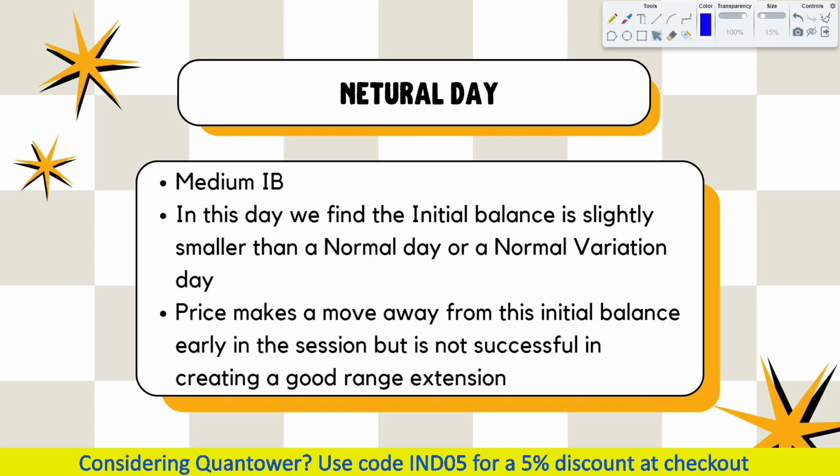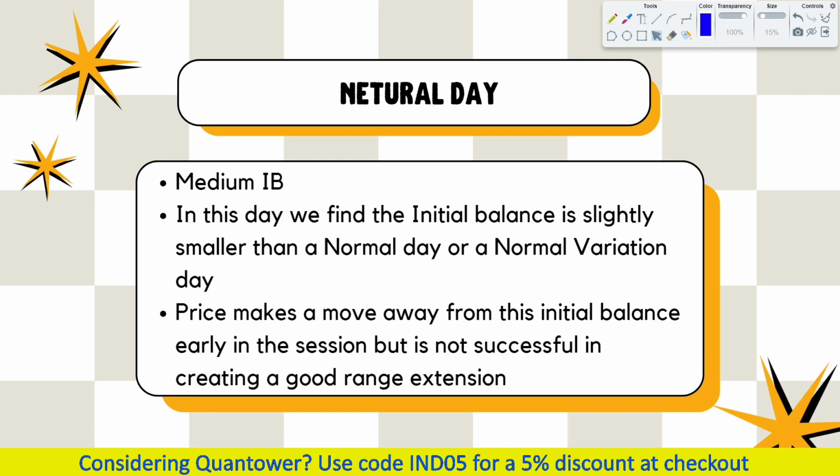The main difference between the normal variation day and the neutral day is simple. A normal variation day also has a medium IB, but once the IB breakout or breakdown happens, we see the extension toward 1x, almost 100% range extension in that direction. A neutral day, however, gets rejected.